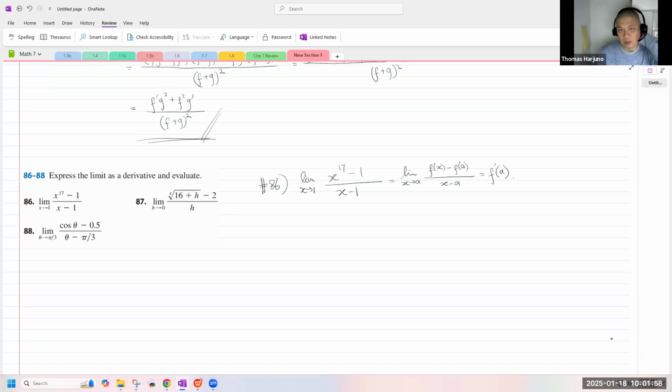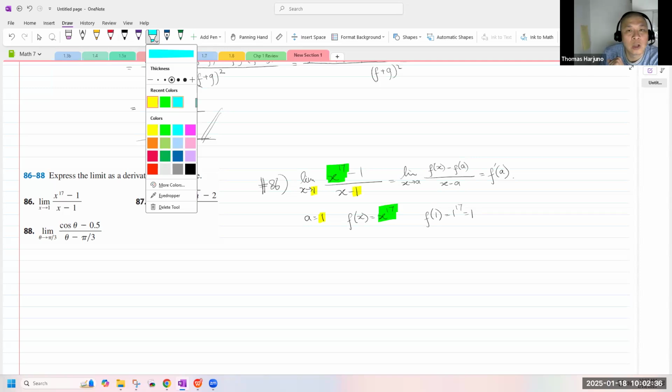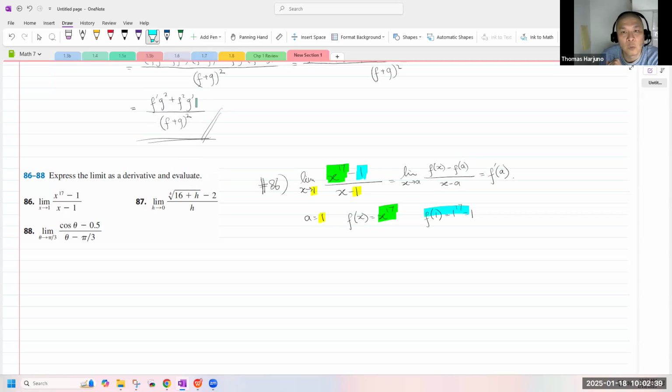You can visually do the matching: a equals 1 and f x equals x to the 17, right? In fact, we confirm that f 1, which is f a, equals 1 to the 17, which is 1. This way, we can do the matching that this guy is this, such that the yellow one with the green one put together gives us f a.